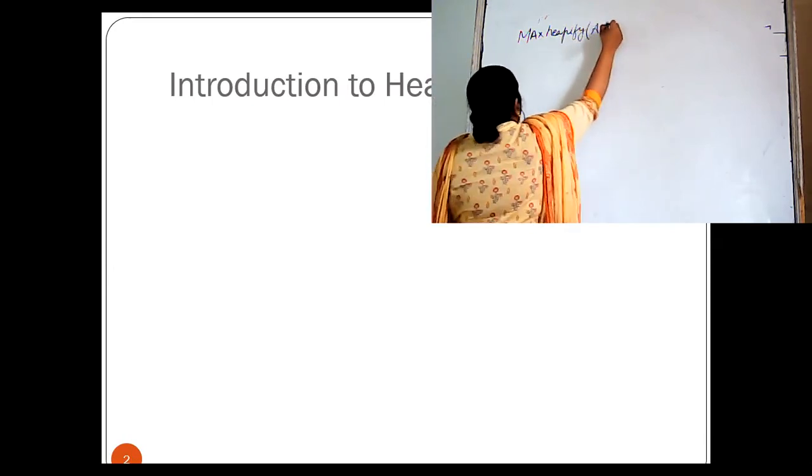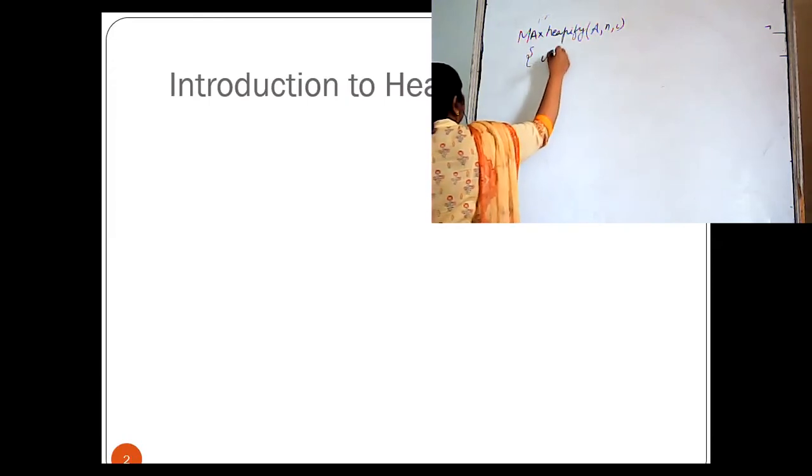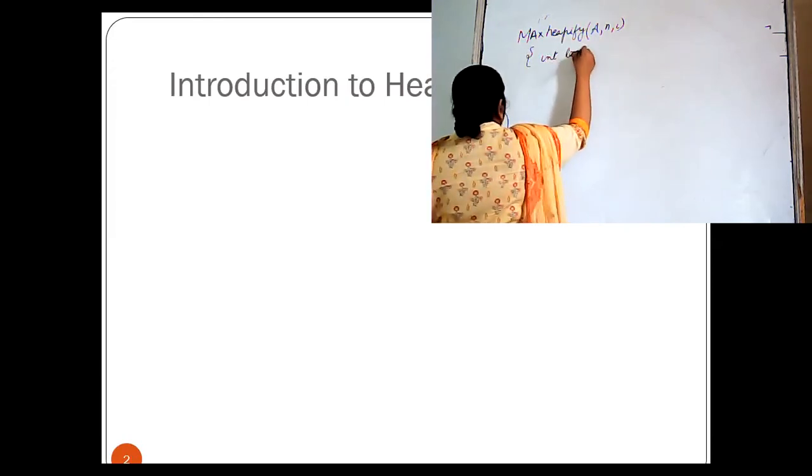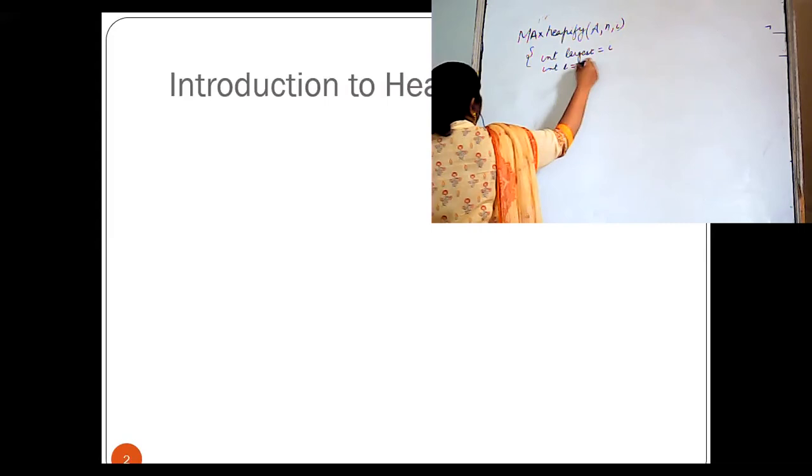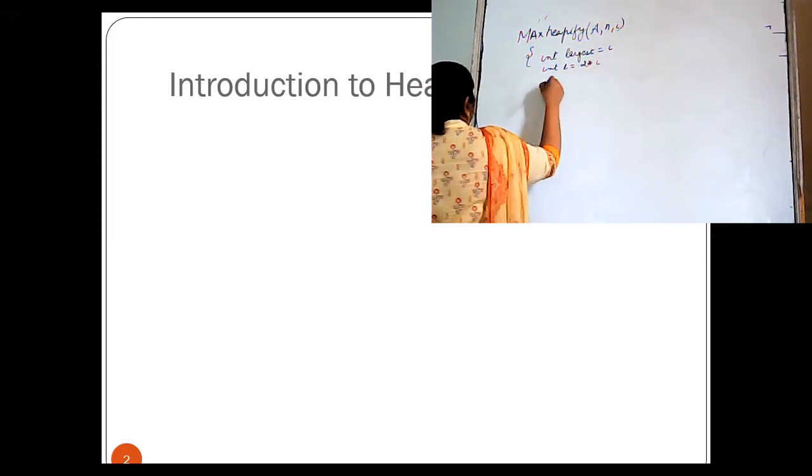Max heapify, A, N, and I. Integer largest is equal to I, left child L is equal to 2 into I, right child R is equal to 2 into I plus 1.